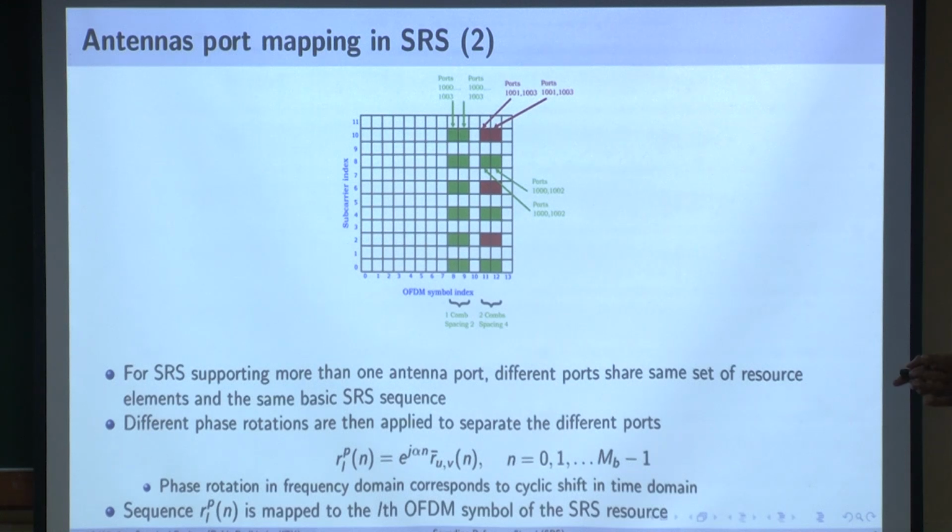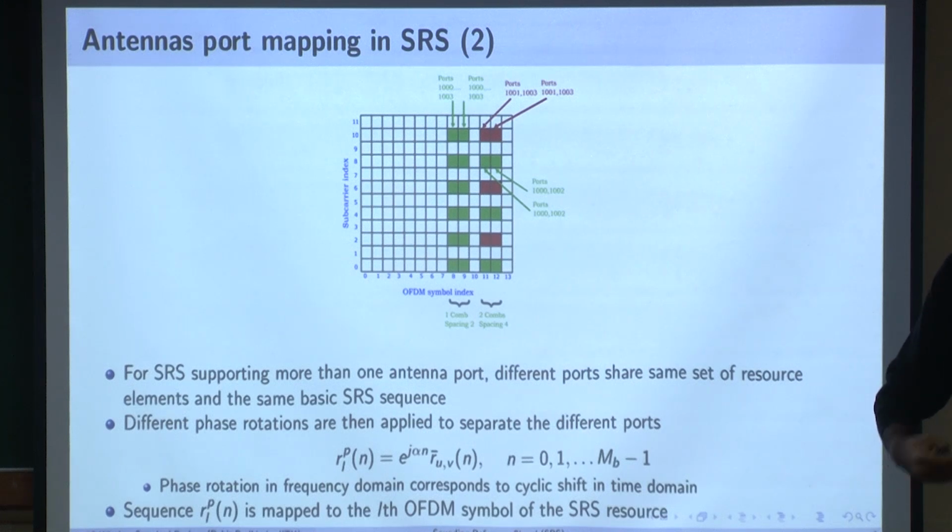First of all, whatever we discussed before this was single port. We did not generate any SRS sequence there. This was one sequence which we were using for one user, this was another sequence for another user, and all of them were doing single port transmission.